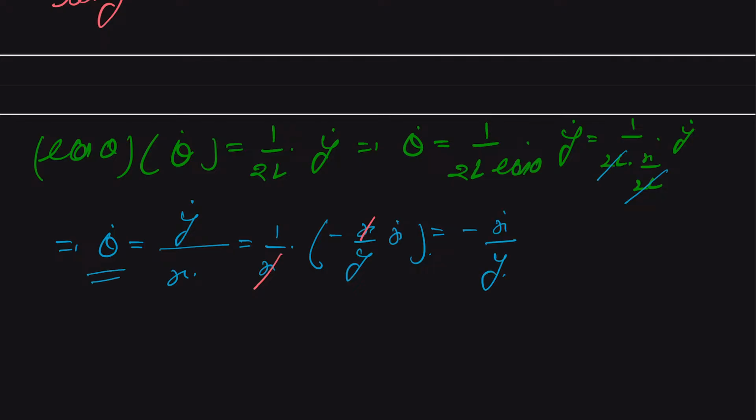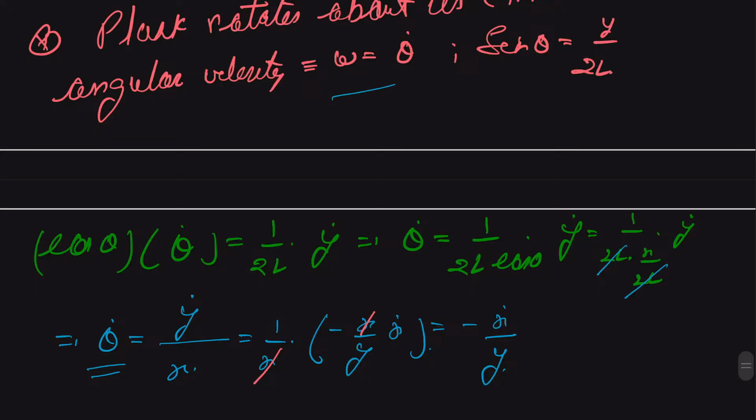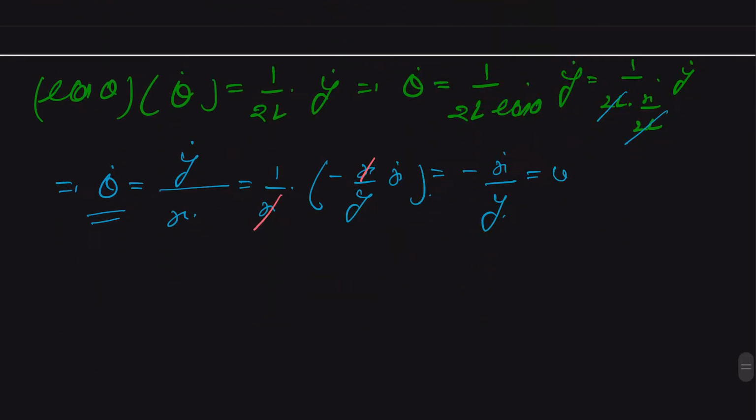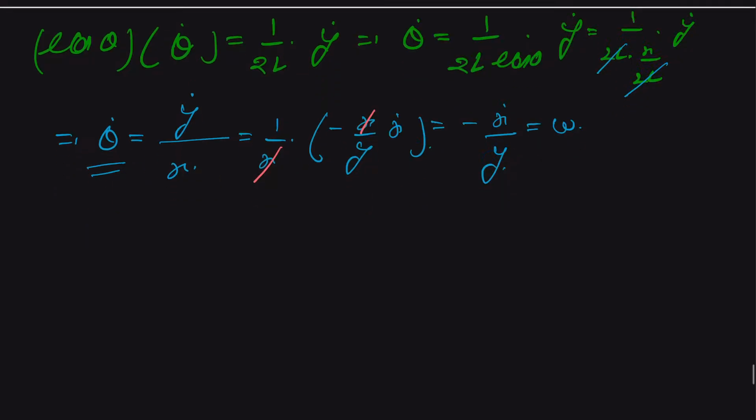And theta dot, we just said that it is our angular omega, so this comes as our omega. And if we square them, we get that our omega square is equal to x single dot square divided by y square.